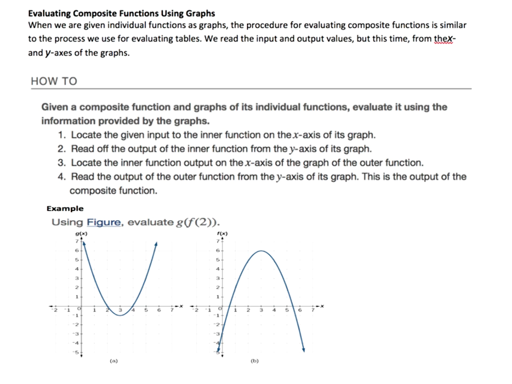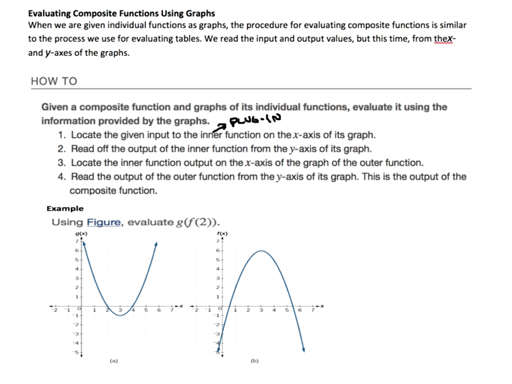All right, so when we are given individual functions as graphs, the procedure for evaluating composite functions is similar to the process we use evaluating tables. We read the input and the output values, but this time from the X and Y axes of the graph. Okay, so how do we do this? Given a composite function, evaluate it using these steps here. First, you're going to locate the given input to the inner, and we'll rename this inner function the plug-in.